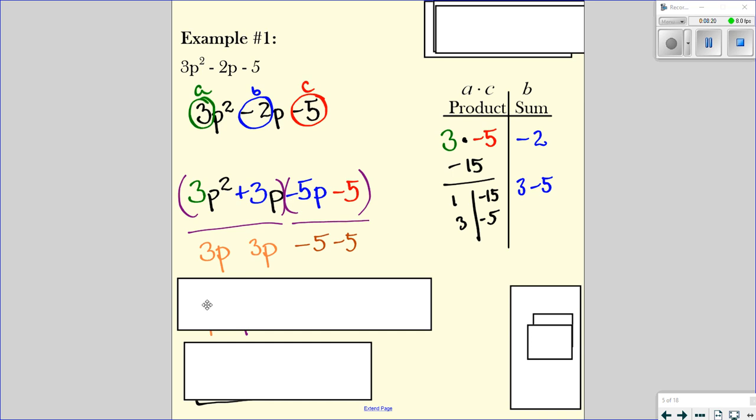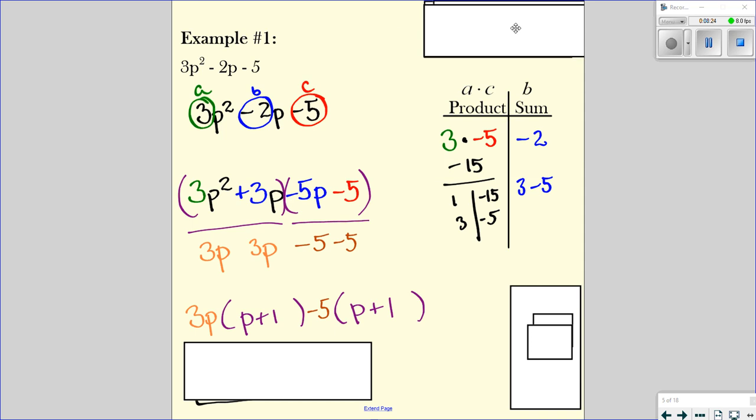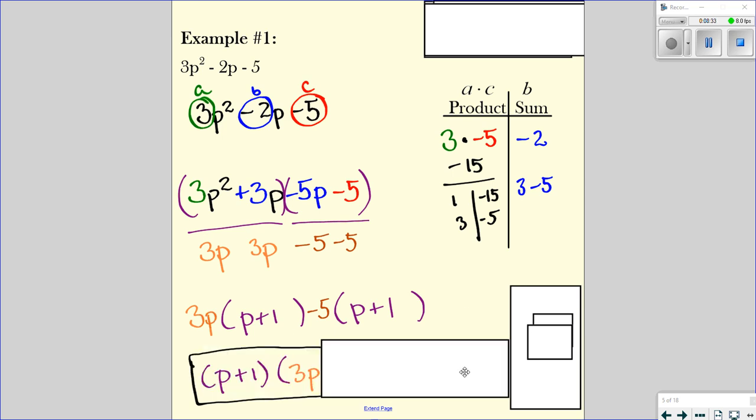So once I do that, I bring down the GCF, and then I divide each term by the GCF, and then lo and behold, I have p plus 1 for each of them. That will be its own group, and then the GCF will be in its own separate group. And there I found my factors.